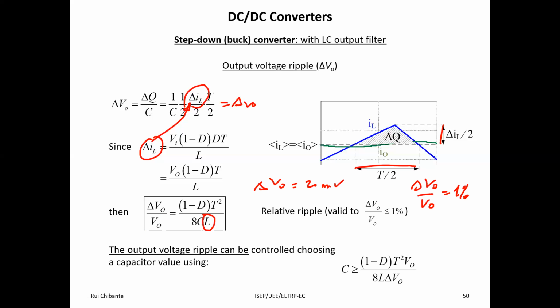I can say delta VO is 1% or 2% or 5%. So from this specification, I can calculate my capacitor. This capacitor is taken from here, but written in this form, it means that there is a minimum value of the capacitor that gives me the desired variation that I want at the output.